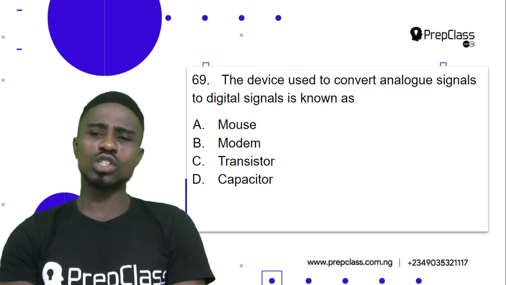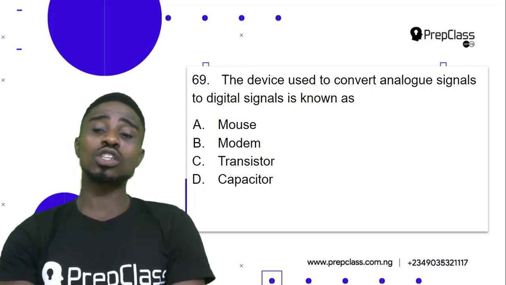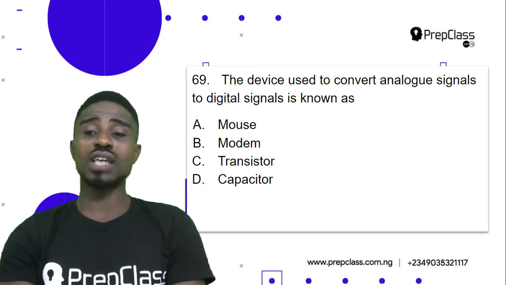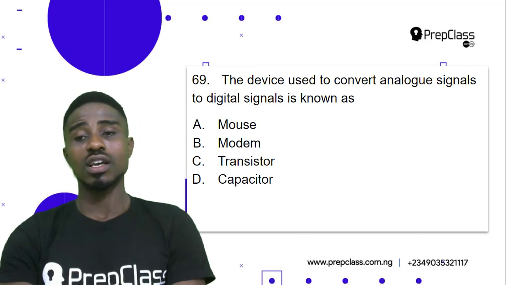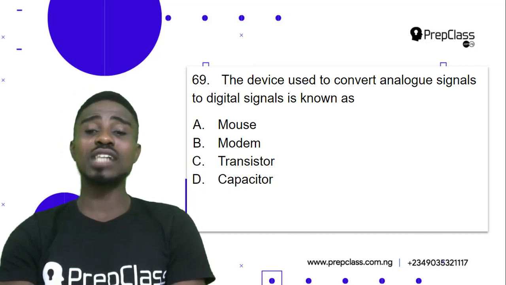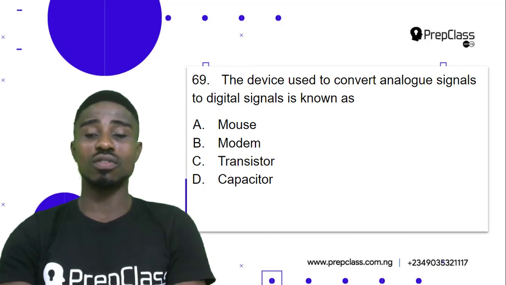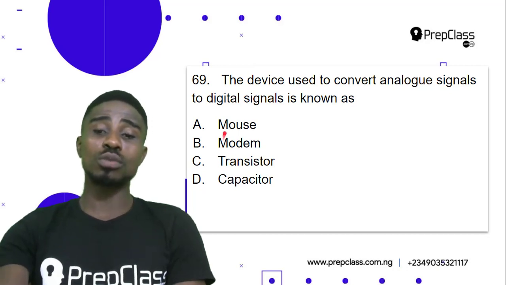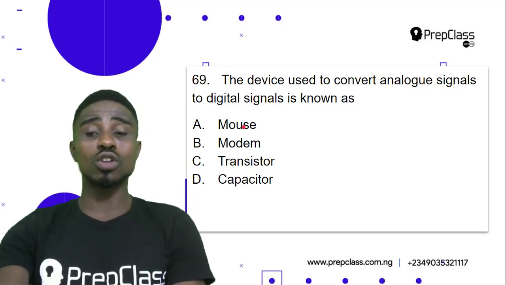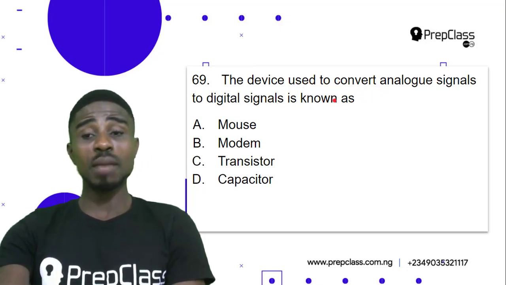Now, you agree with me that such a device used to convert analog signals to digital signals must be a hardware computer device. So next, we are going to analyze all of these options to see which one is a hardware computer device. A mouse is a hardware computer device, but it is not used for this.